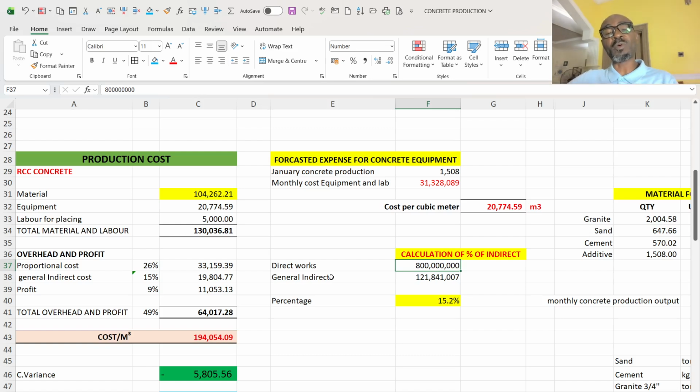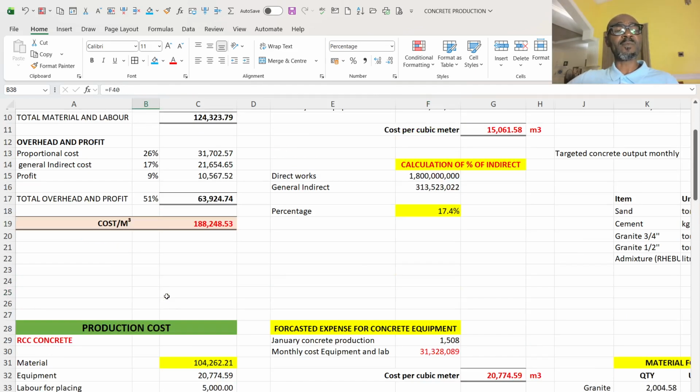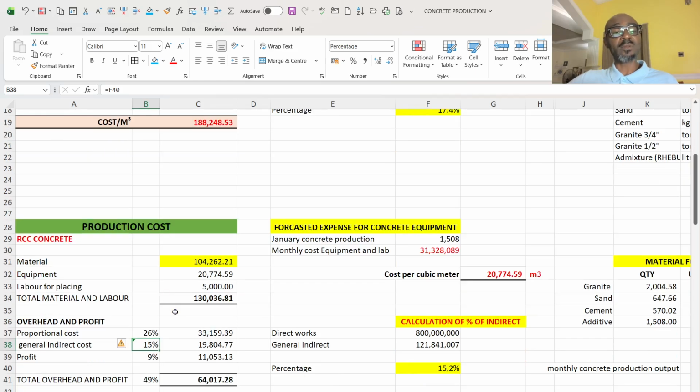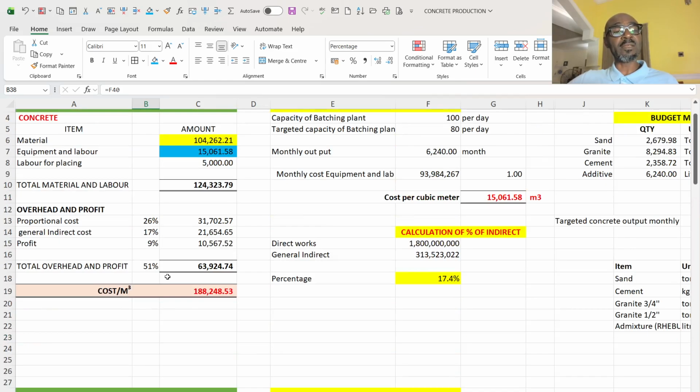So I have done the job of 800,000. I now divided it by the preliminaries. I now have 15%, meaning that I did well in the preliminaries.